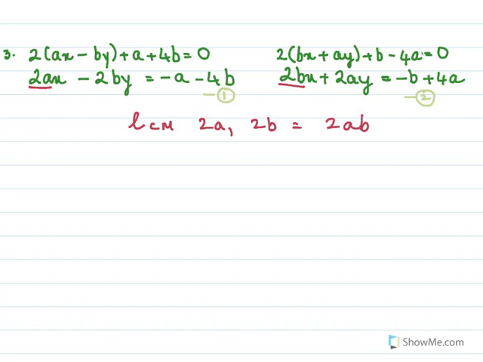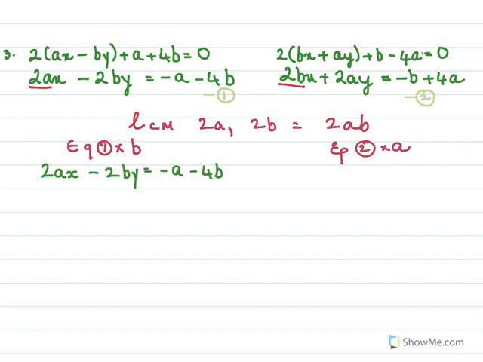So I have to make both the x coefficients 2ab. My equation 1, I will have to multiply by b, and my equation 2, I'll have to multiply by a.